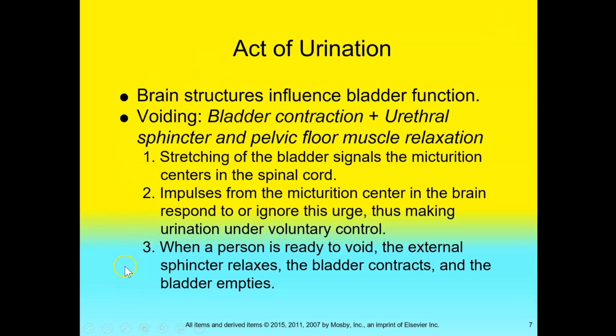Now, the act of urination, which some people call micturition or voiding, is a bladder function where the brain tells the bladder to contract, and then the urethral sphincter and pelvic floor muscle relax. Stretching of the bladder signals the micturition centers in the spinal cord, and the center in the brain responds to or ignores this urge, thus making urination under voluntary control.